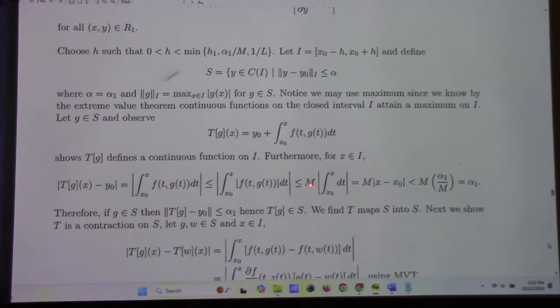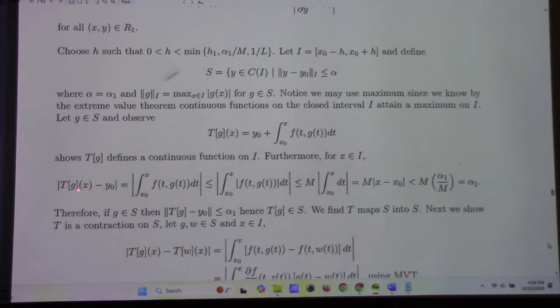And then that's less than or equal to m, because remember m bounds this, yeah? So m was the bound for little f, there it is. And the integral from x naught to x of dt, well, that one we can do. We get the absolute value of x minus x naught. Now that is less than alpha 1 over m. The m's cancel, and we get alpha 1.